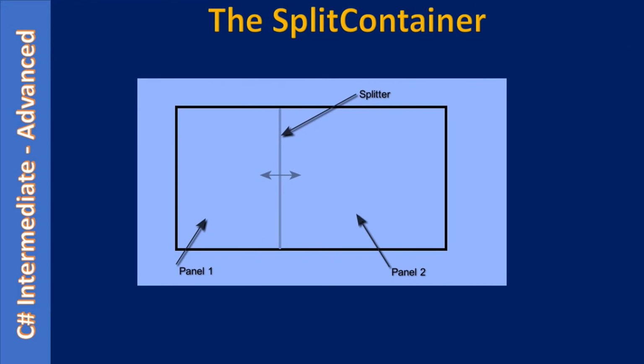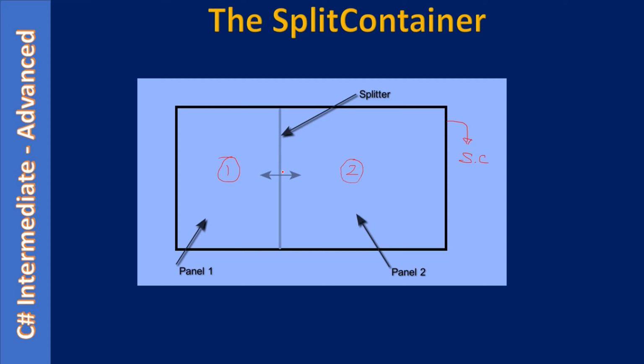So here what you are seeing is the split container. We can say this is the split container, and this split container is splitting two panels. So this is panel 1 and this one is panel 2.